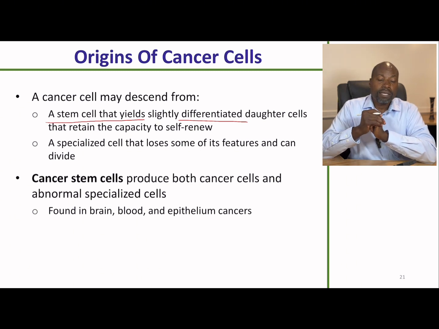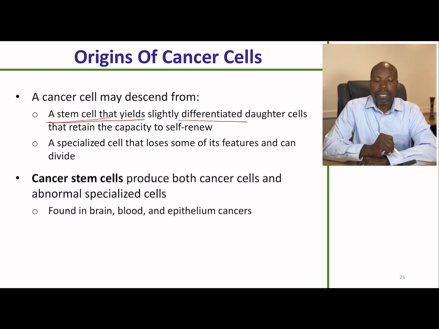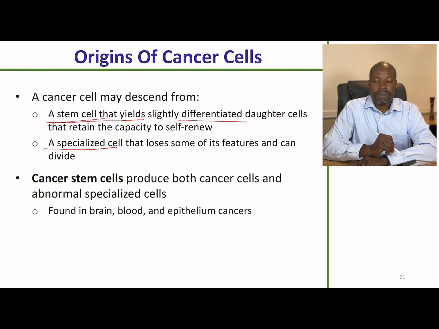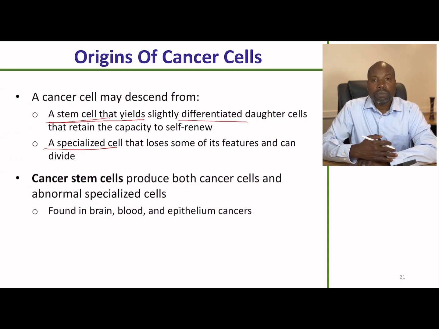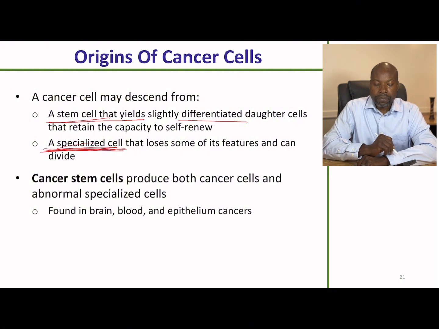We have that some of the stem cells can kind of specialize, right? But then eventually lose the ability to control their cell division while that cell is specialized, right?